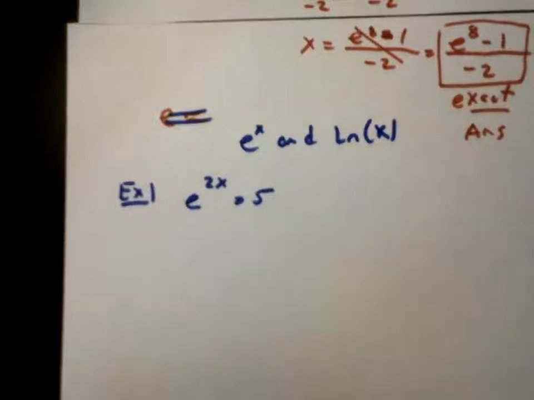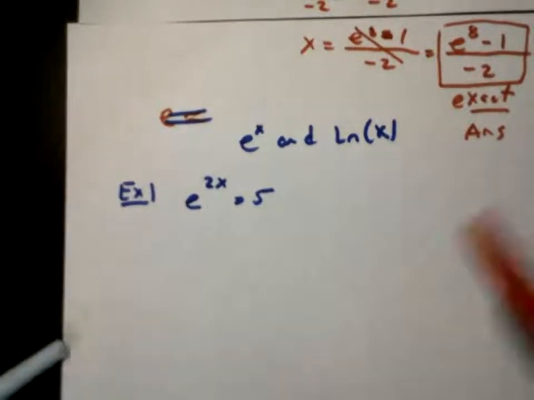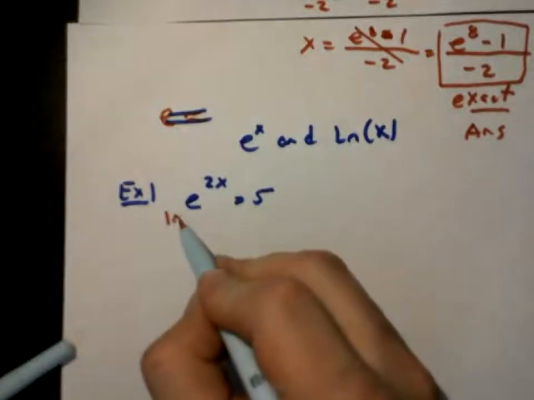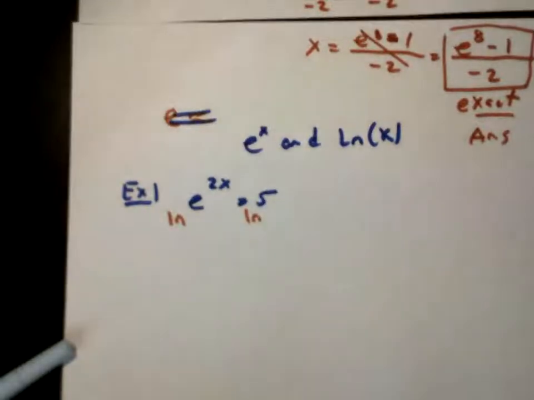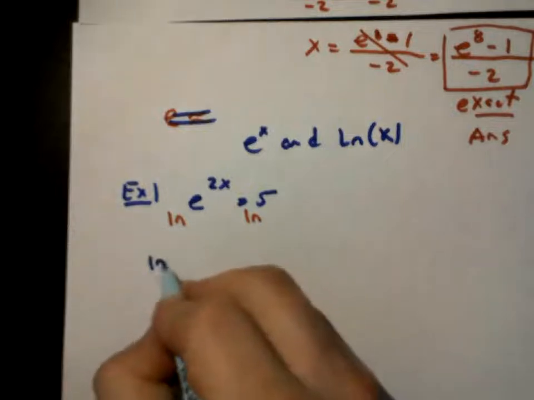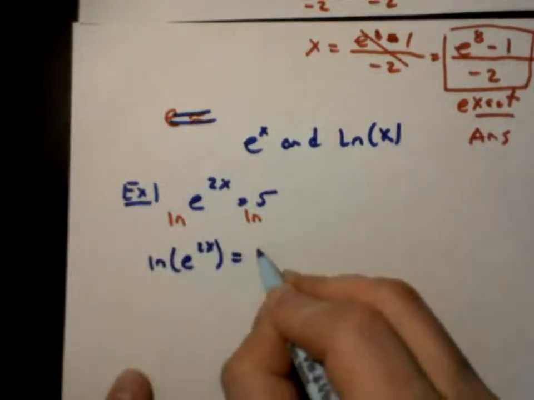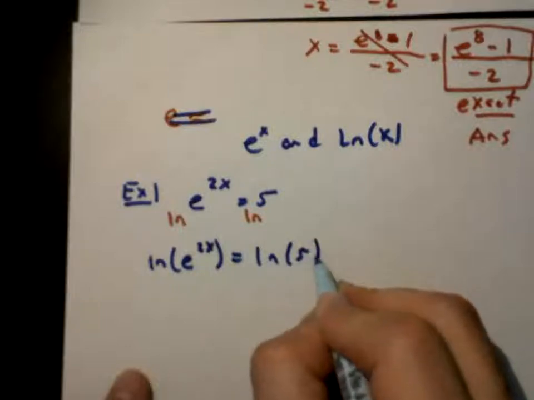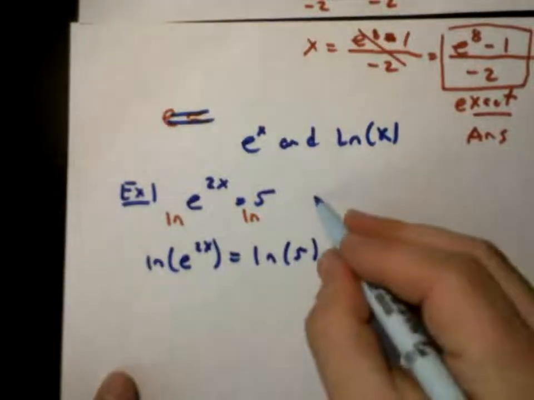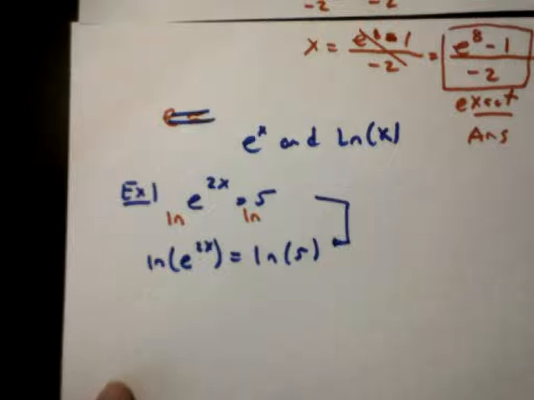So we have e here. So maybe the best thing to do is, why don't we just take ln of this and ln of that? And rewrite this as ln of e to the 2x, and this is natural log of 5.